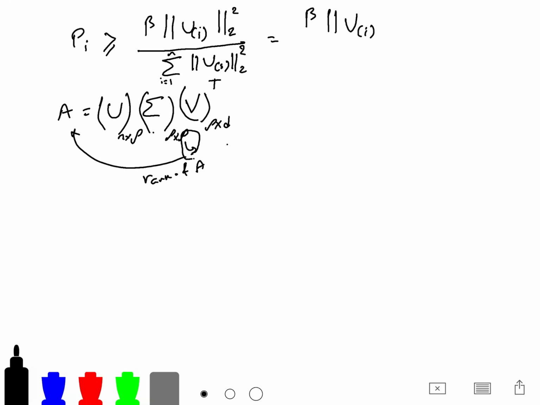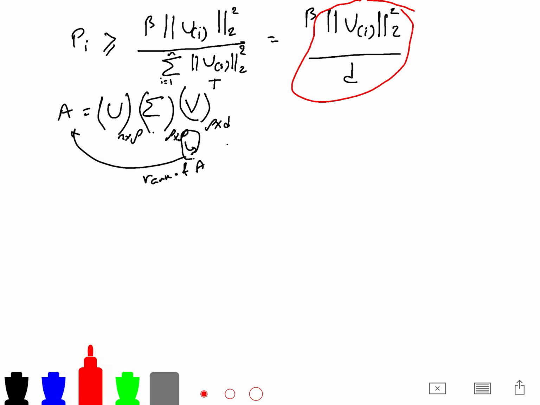The leverage score that is so popular is just these parts. This is called the leverage score. So everything is related to SVD. And the order of nd squared suffices to compute probabilities and to construct a core set.